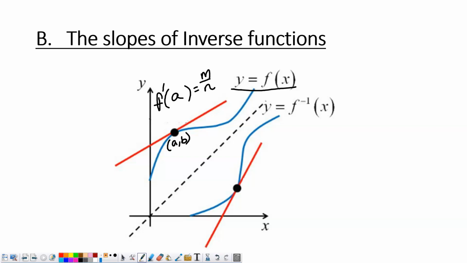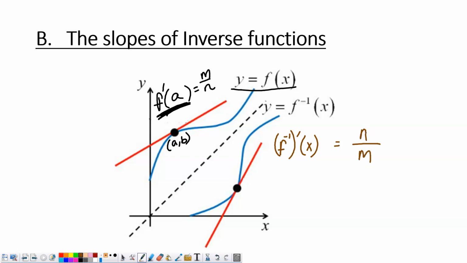So the slope of f at x equals a is m over n. So what would the slope of this other line be over here? Well, it's the reciprocal, right? It would be n over m.